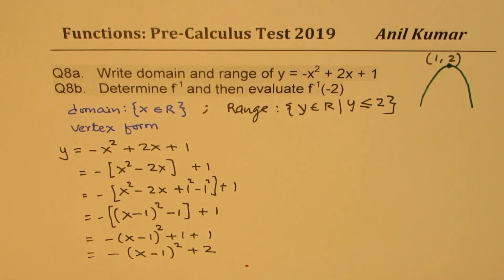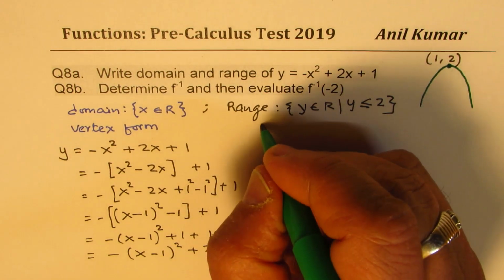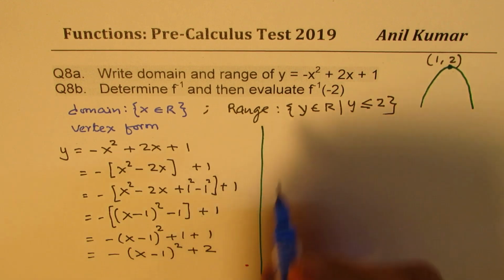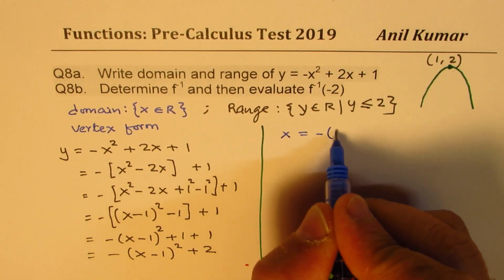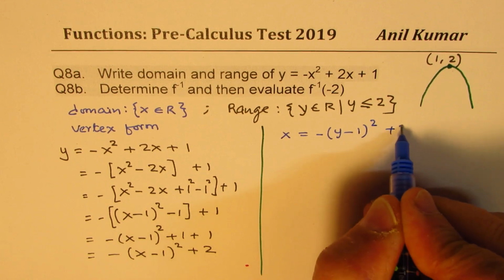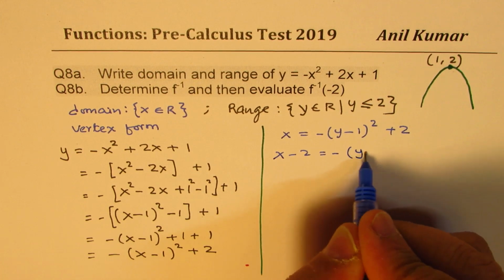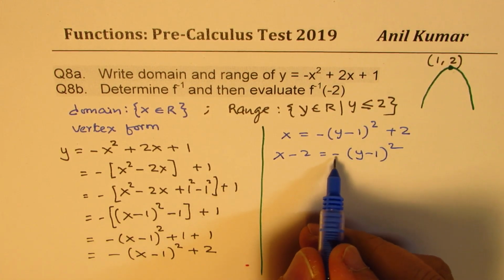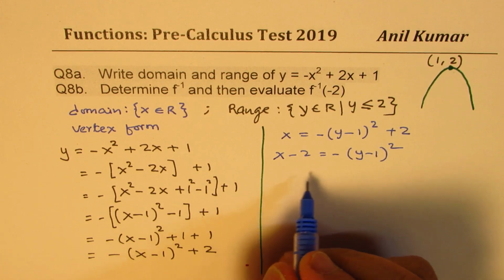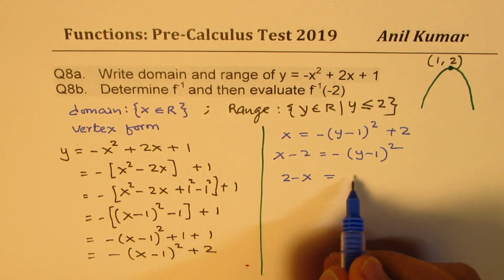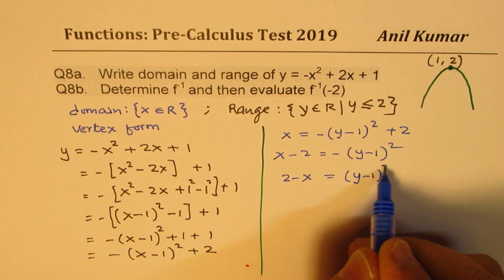Now let's find inverse of this function and then evaluate f inverse of minus 2. To find inverse, we'll swap x and y. So we can write this as x equals minus y minus 1 whole square plus 2. Bringing it this side, x minus 2 equals minus y minus 1 whole square. Dividing by minus, we could write this as 2 minus x equals y minus 1 whole square.